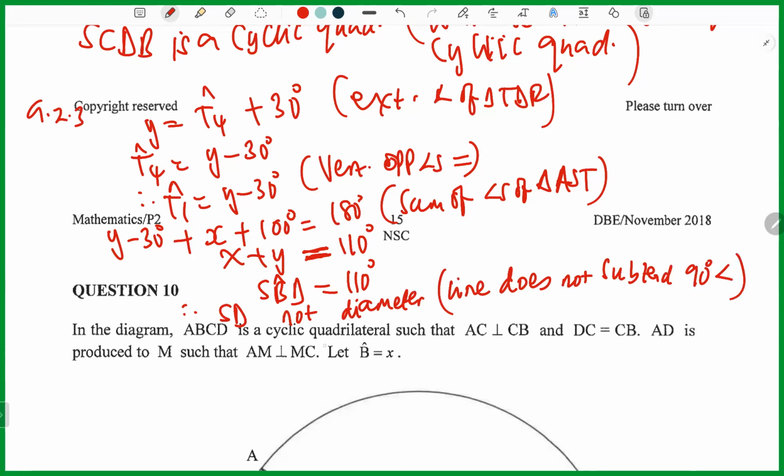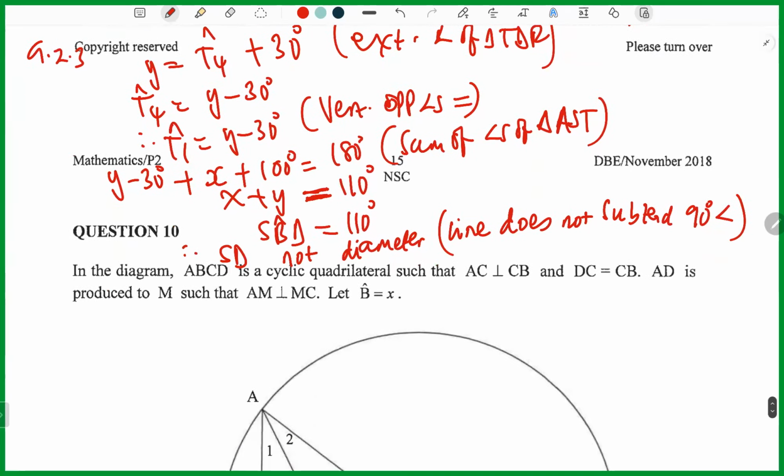SD is not a diameter. The line does not subtend a 90-degree angle. Okay, there are many other ways to prove that.